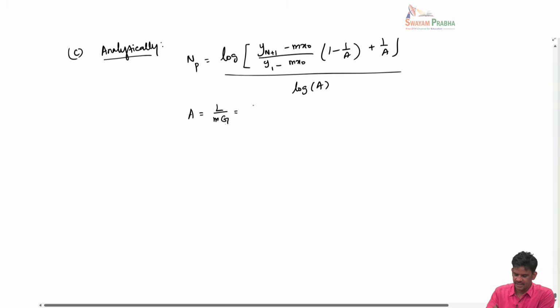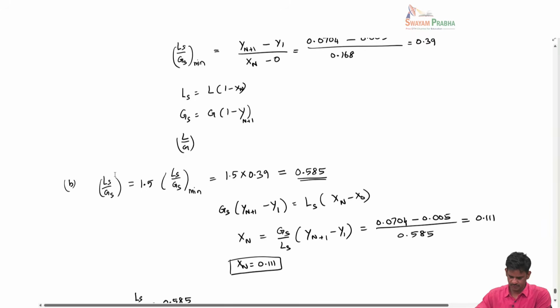And so I can write this as LS into 1 minus, did I use x naught or xn? Okay, so we'll do with respect to x naught.